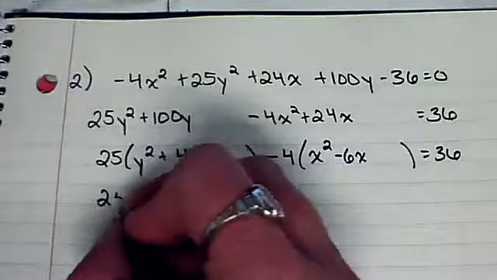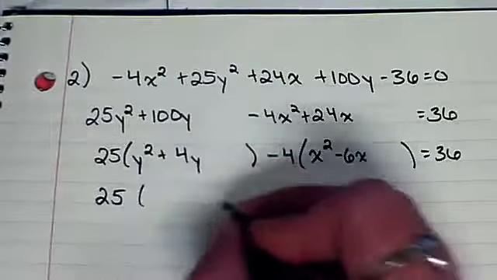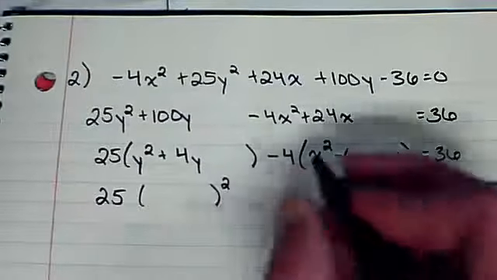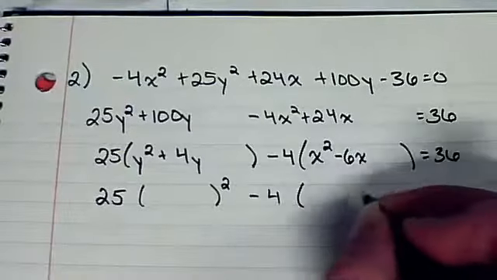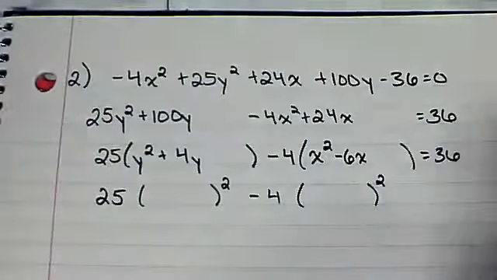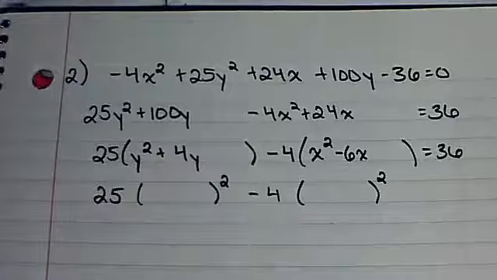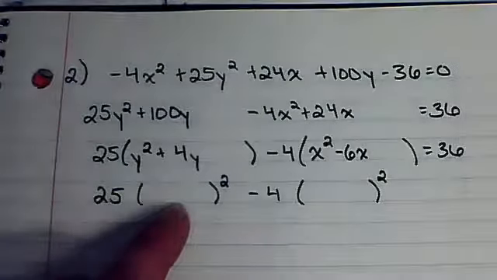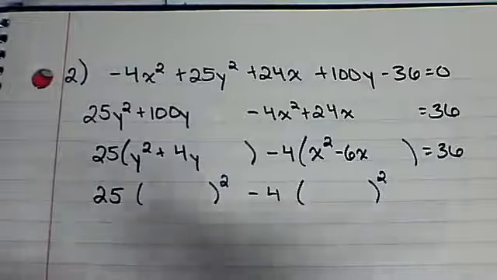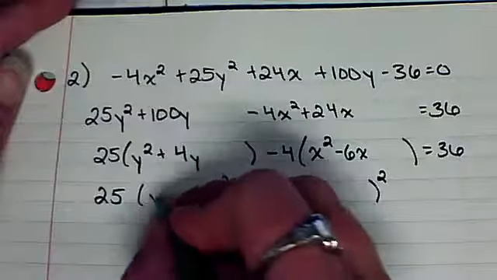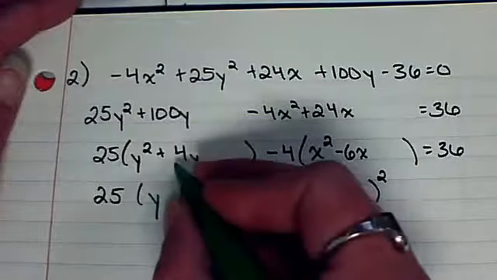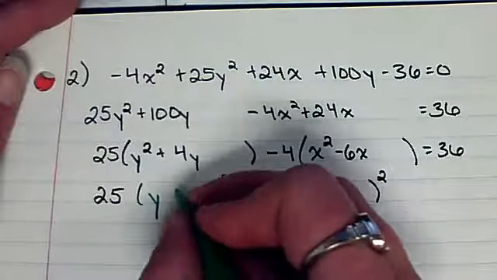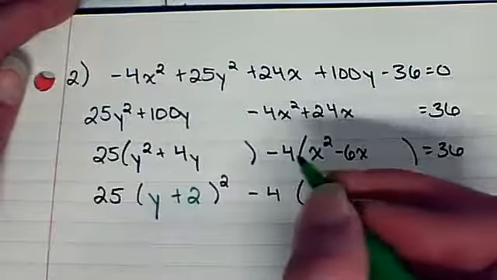Now the 25 I'm going to leave right there. I know I want to make this something squared. And I want to make this something squared. Now all I have to do is find out what I want that to be. So if we look at the first one for y, I know this is going to be a y. This number is always half of the middle term, so it's going to be plus 2.